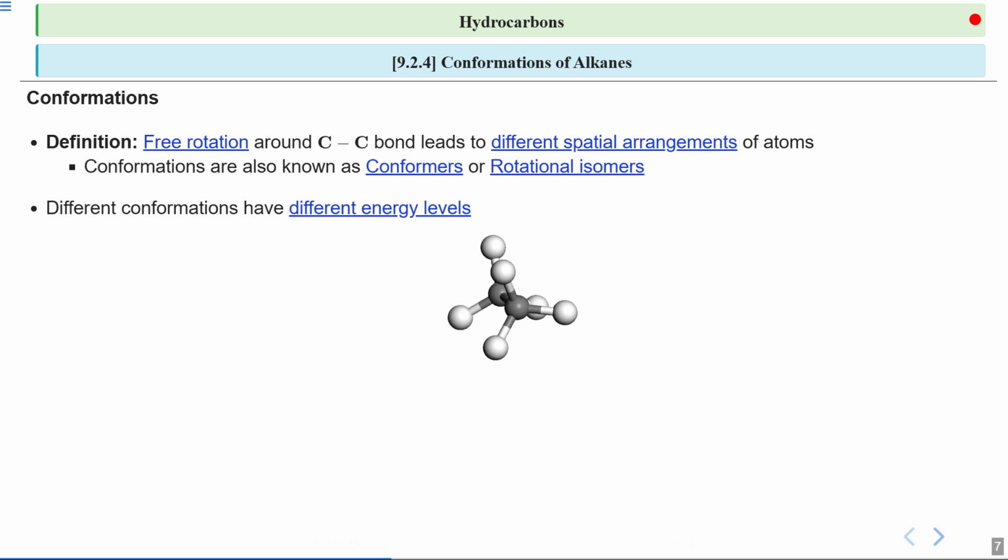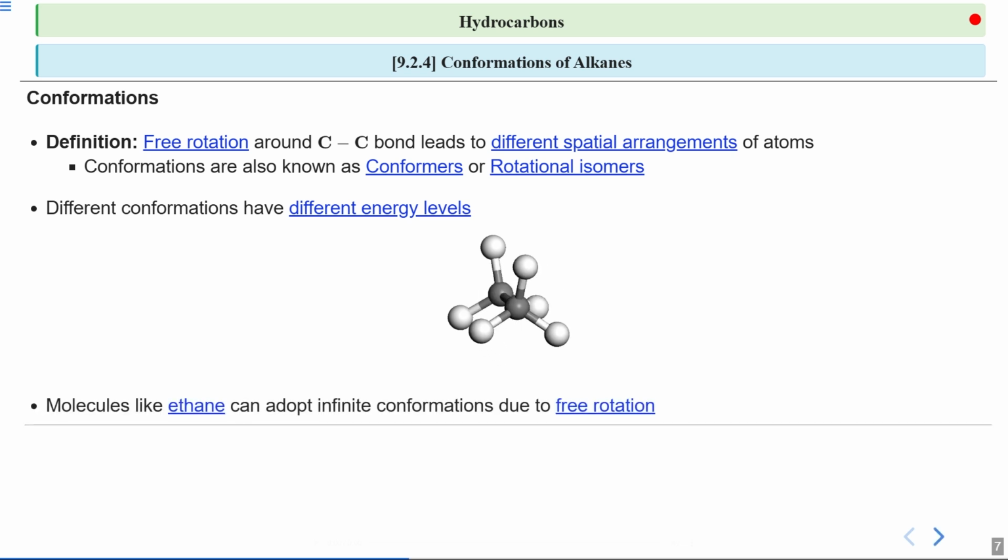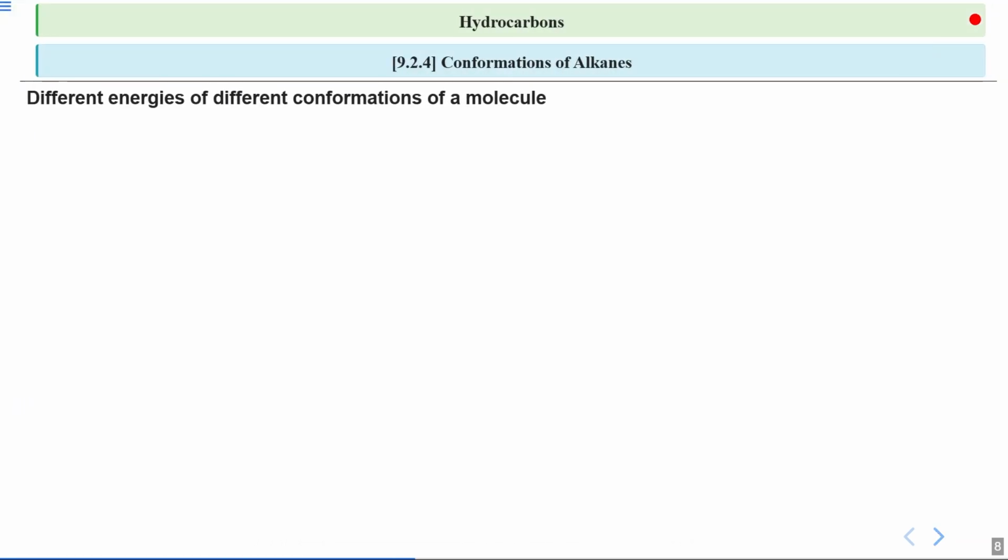That leads to various spatial arrangements. So if I take an ethane molecule, it can exhibit an infinite number of conformations due to this free rotation. This flexibility is a fundamental characteristic of many hydrocarbons and plays a crucial role in their chemical behavior.